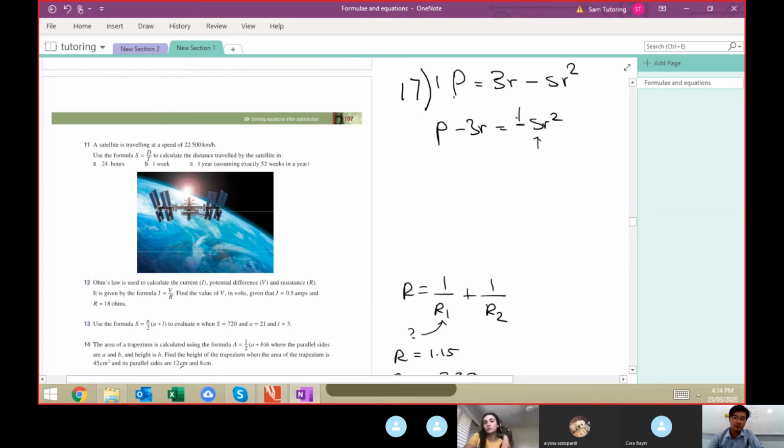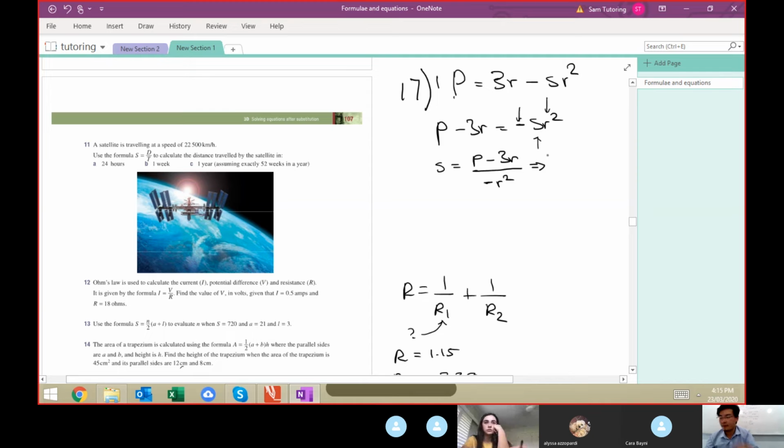We got this -1 problem here, and we got this R squared problem here. But what is -1 and the R squared doing to the S? Timesing. Yeah, what's opposite timesing? Divide. So you have S is equal to P minus 3R all over negative R squared. Everyone happy with that? I just essentially took the -1 and the R squared and chucked it onto the bottom, onto the other side.